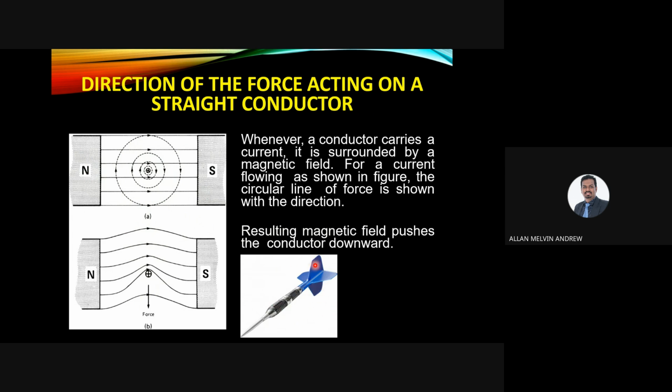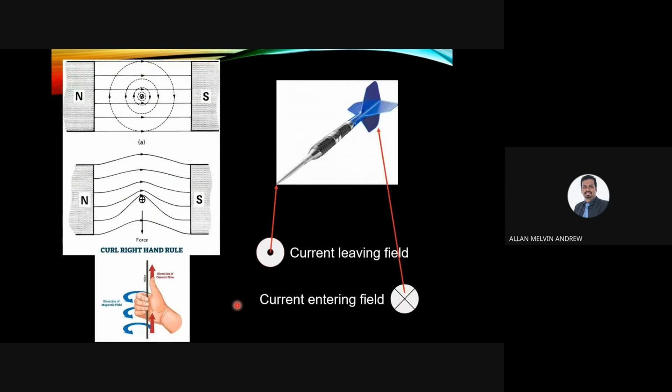I always remember this to see whether the symbol of the conductor is X or plus, or a dot. I will show you in the next slide how to determine the direction of the magnetic field using an arrow.